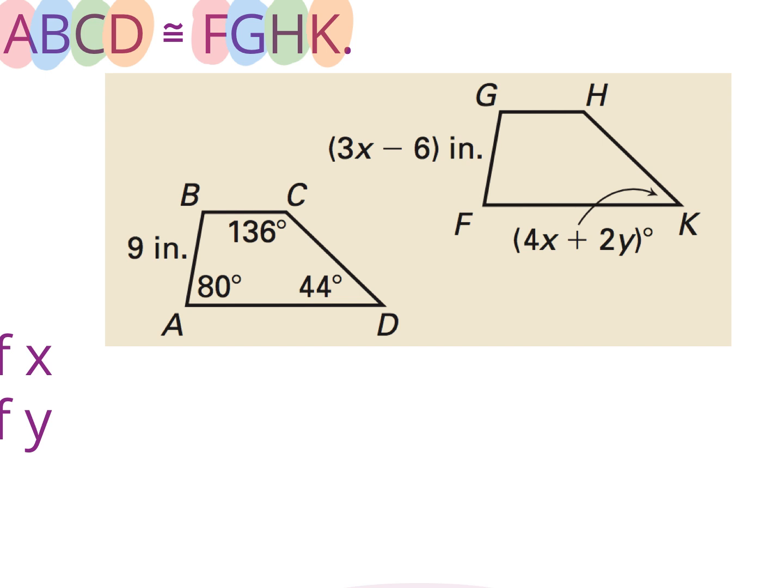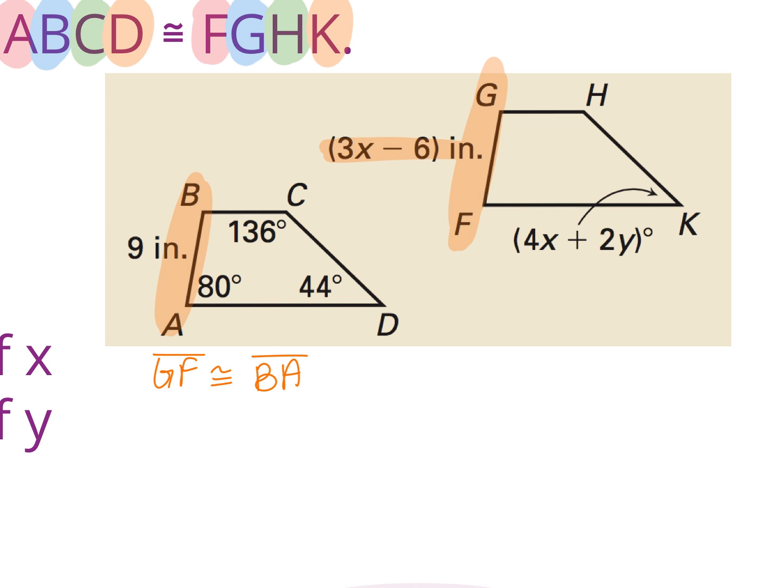X is going to be a side. So if I'm trying to find this value right here, looking at my other diagram, what's congruent to GF? Good, BA. So how would I set this up as an equation for me to solve?